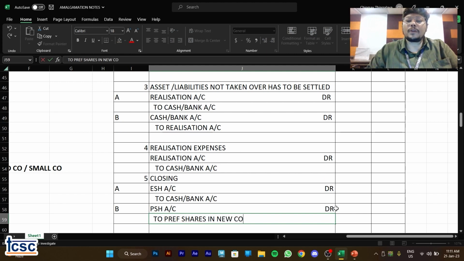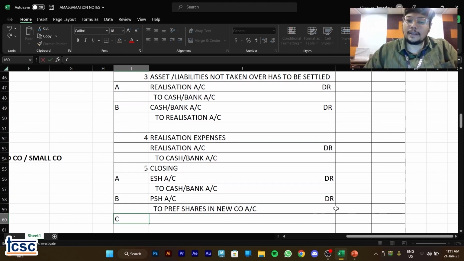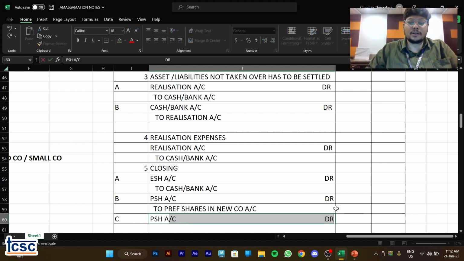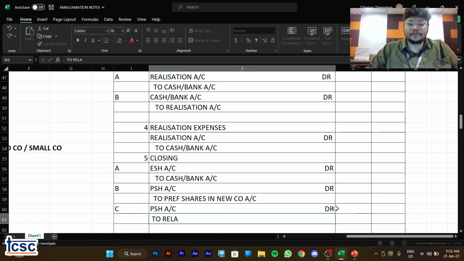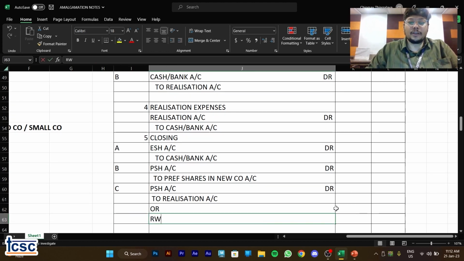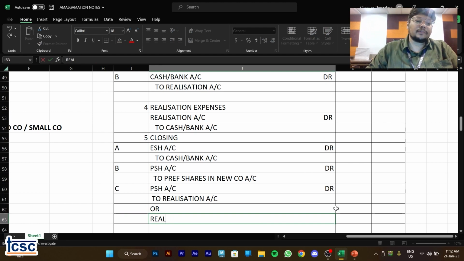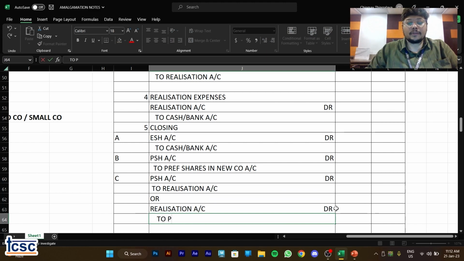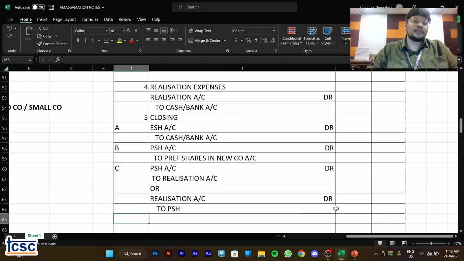Next, after distributing all the preference shares to the preference shareholders, there may be a balance left in PSH account. That balance we are supposed to transfer to realization account. So it will be PSH account debit to realization account, or opposite, if the balance is on the debit side, the realization account debit to PSH.